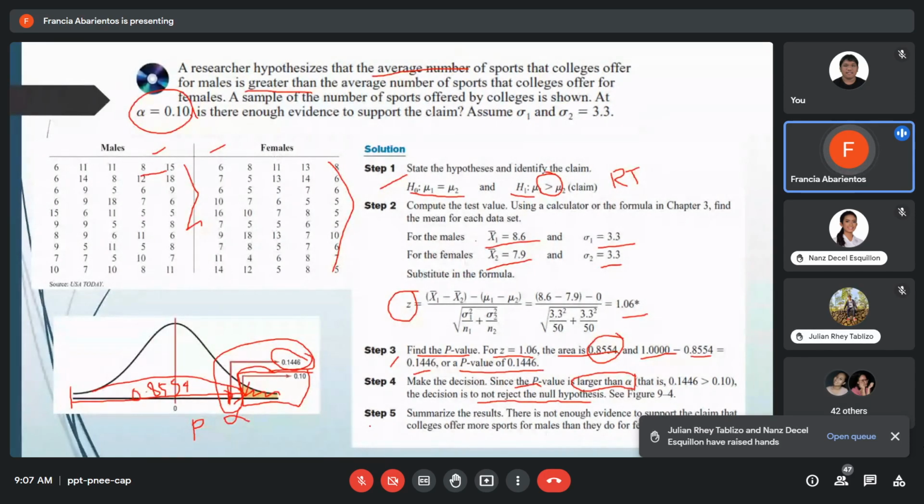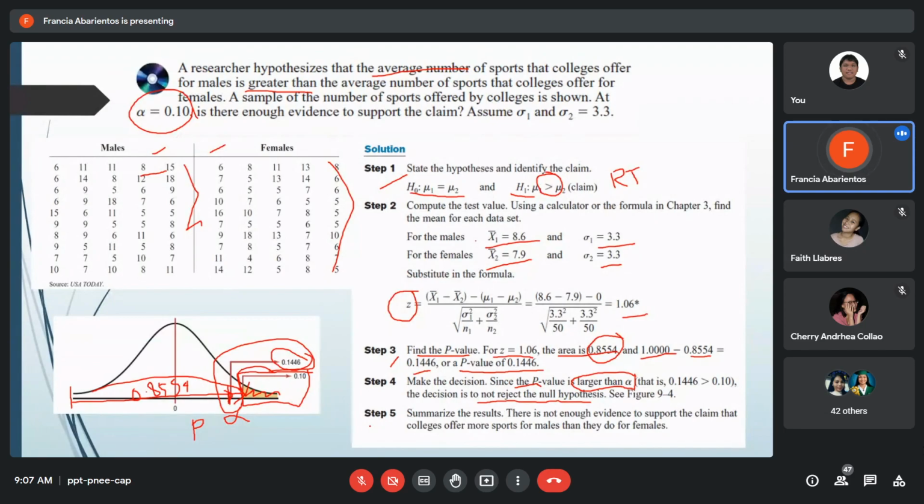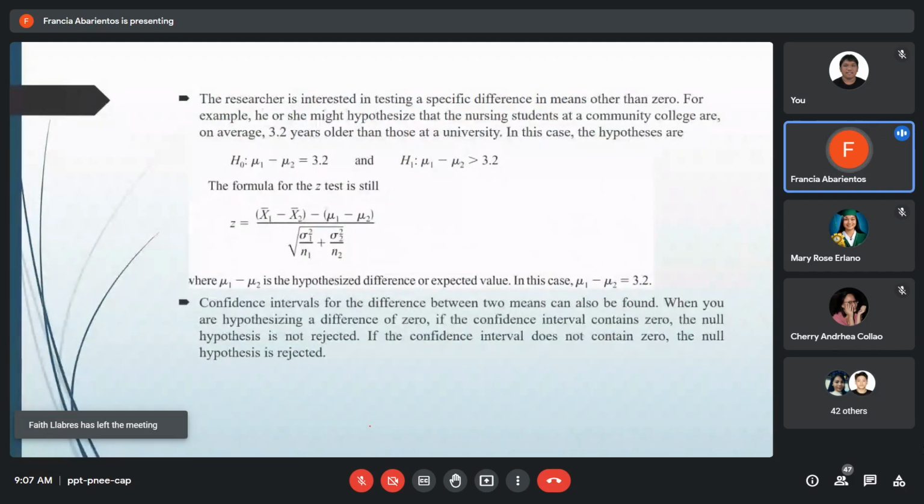Yung ginagamit ko, class, is the RStudio in checking the values in Z-test. Okay? And the traditional P value. Ayan.